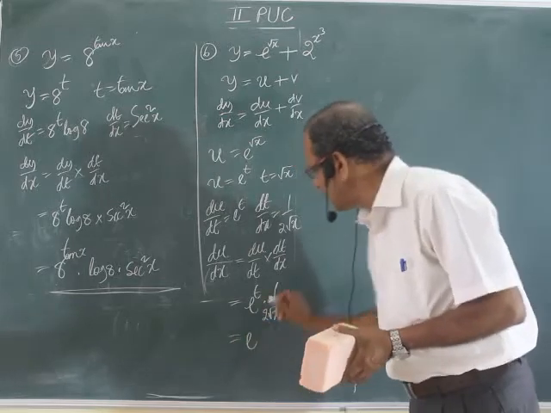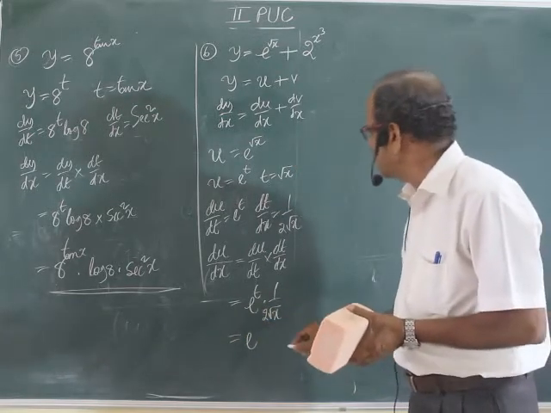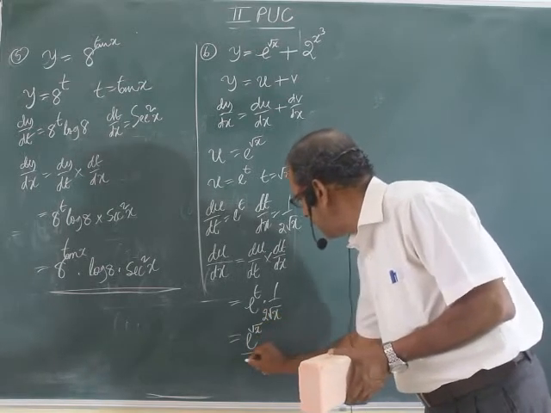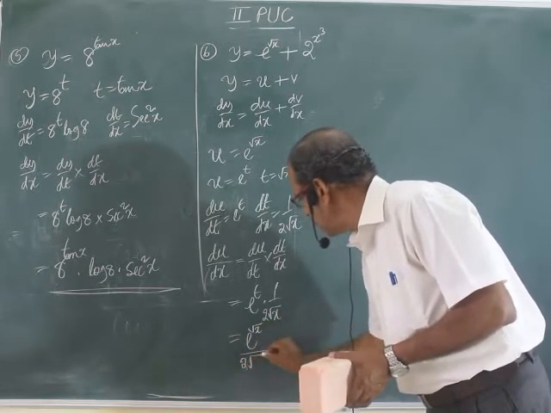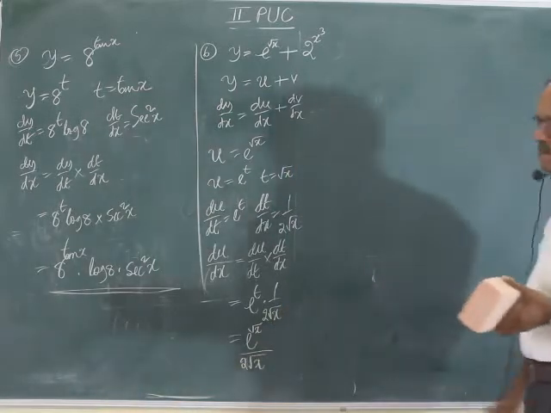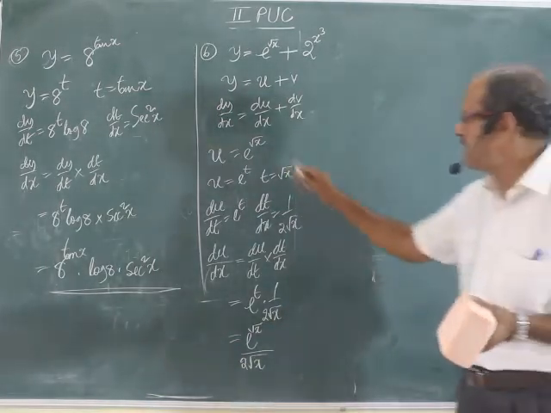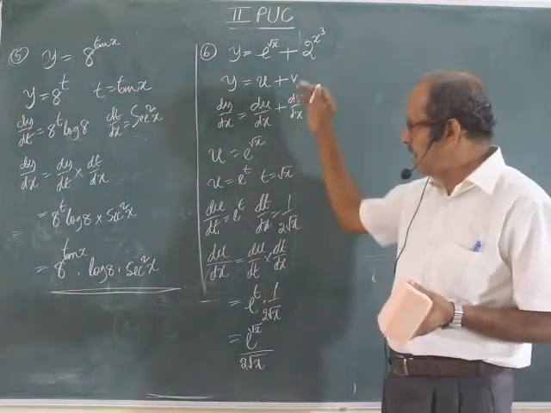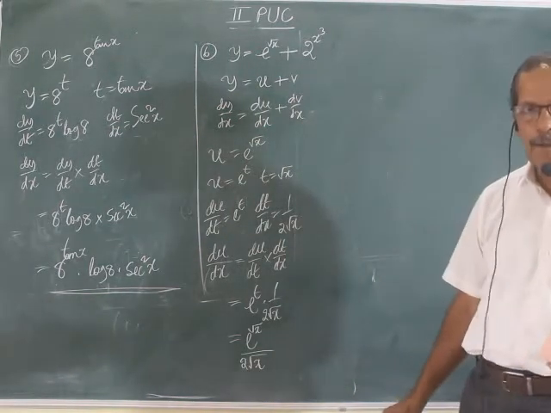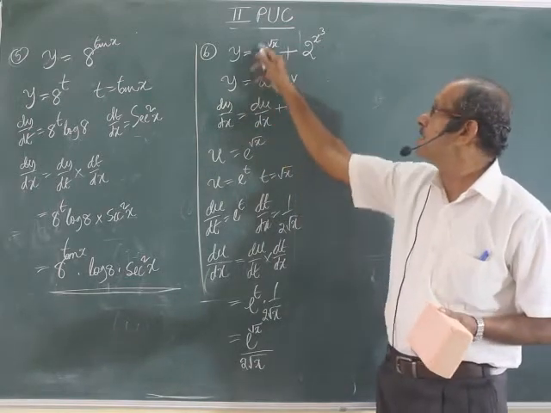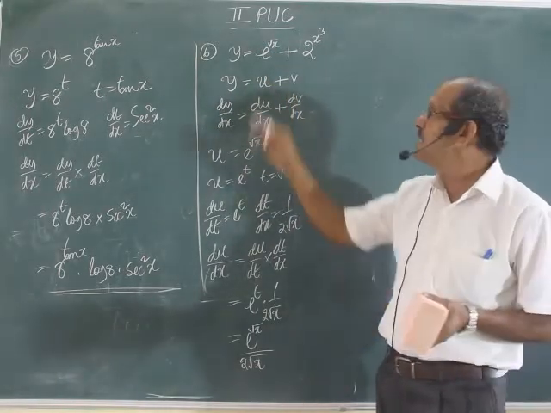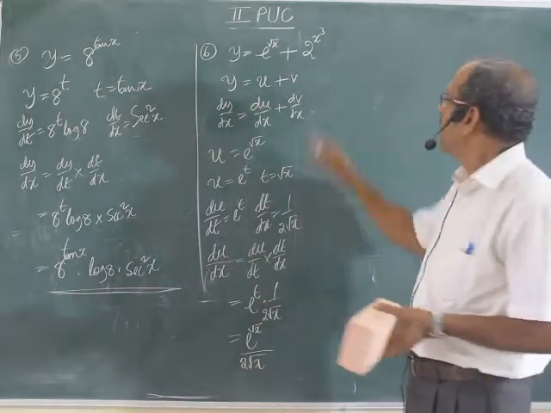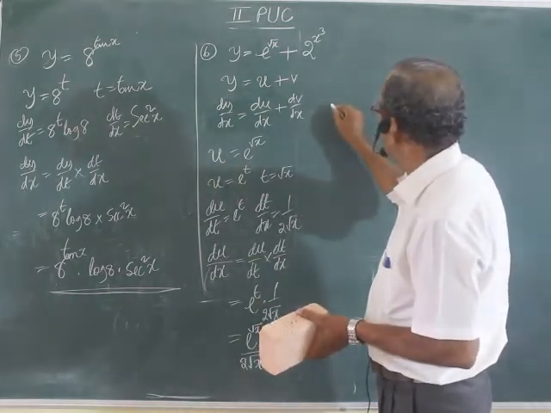Our final answer is e to the power root x divided by 2 root x. By inspection, if you find direct, then well and good. After working out many problems, you can directly put the derivative by inspection method. Seeing the function straight away, you can write the derivative. That can be done.